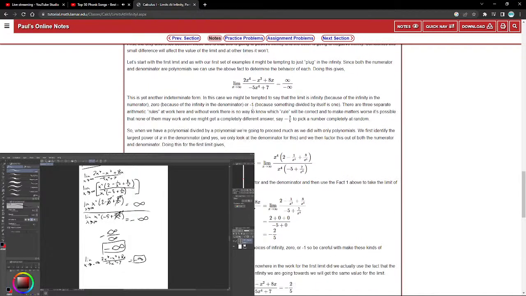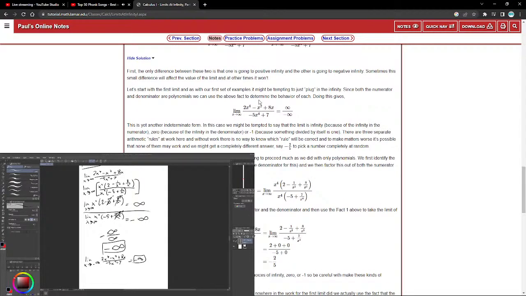The only difference between these two is that one is going to positive infinity and the other is going to negative infinity. Sometimes this small difference will affect the value of the limit, and at other times it won't. Let's start with the first limit, and as with our first set of examples, it might be tempting to just plug in the infinity. Since both the numerator and denominator are polynomials, we can use the above fact to determine the behavior of each.